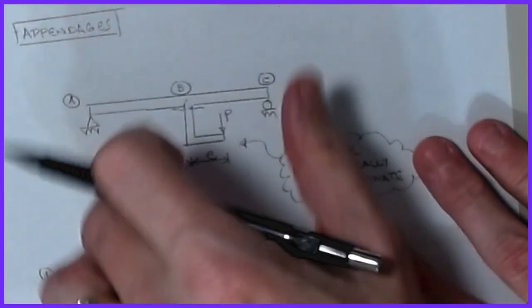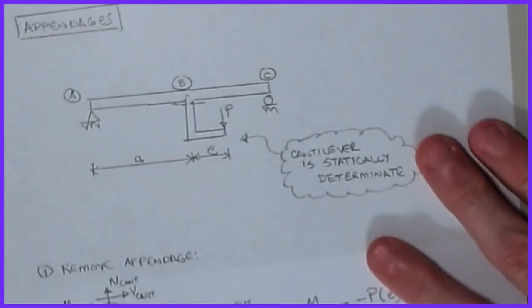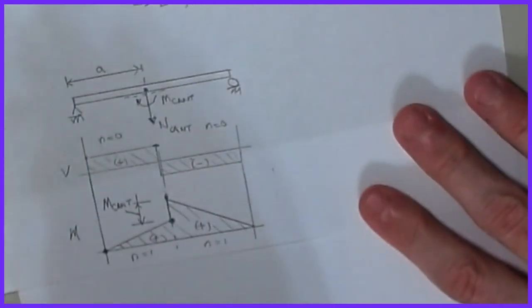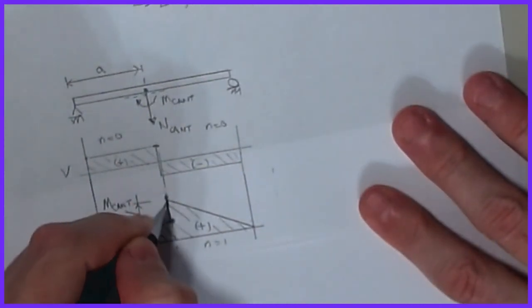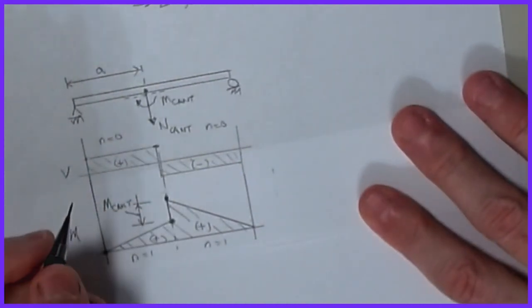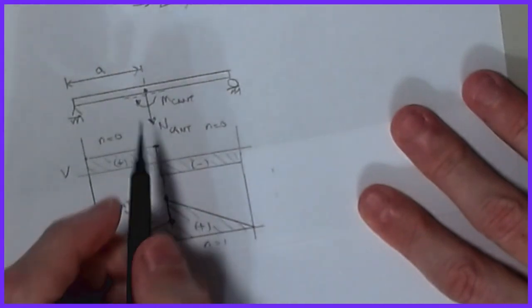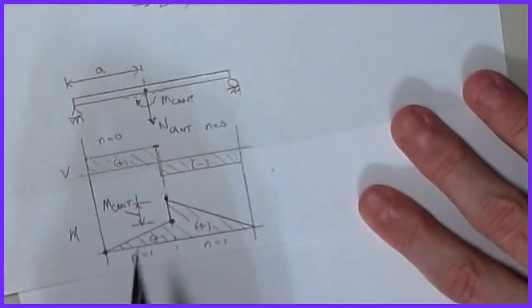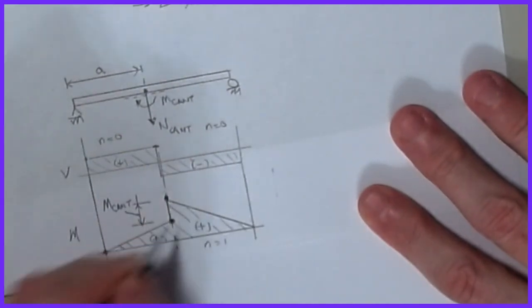Imagine this thing's trying to rotate some amount in a clockwise direction, and that's what causes this jump. So it'll jump up the amount of P times E, come to a new value, and then come down based off of whatever your values are. Again, I didn't work all of it out, but that's what's happening, and that's the trick of the appendages.